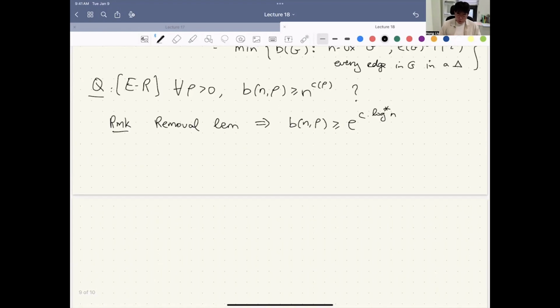So, theorem, disproved. This is a theorem by Fox and Loh in 2012.